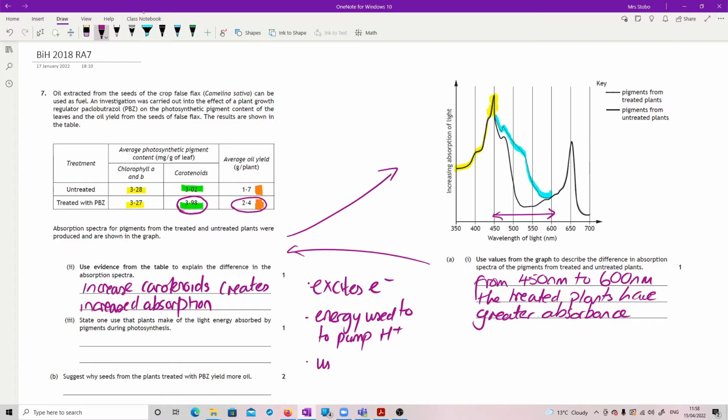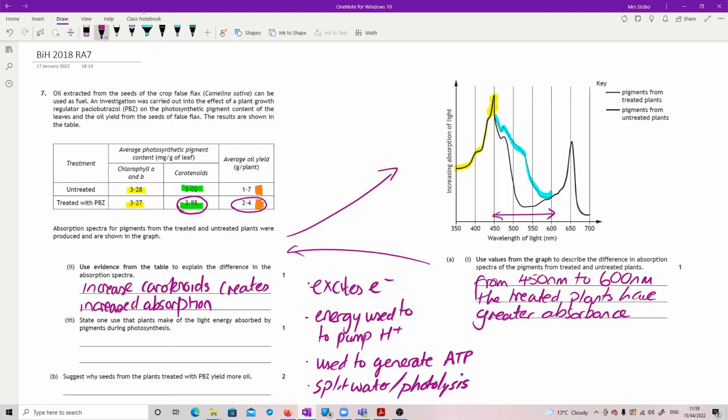Or that it's used to generate ATP, which is obviously the far end of your electron transport chain. You could have that it's used to split water, or just photolysis. Any of those are good answers. They're only asking for one.